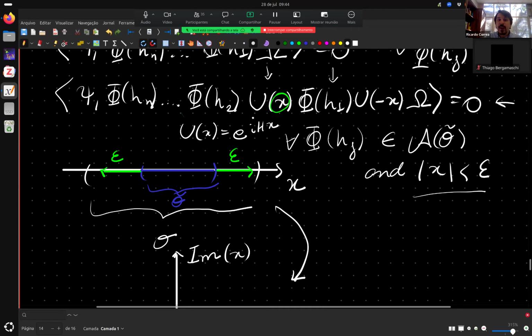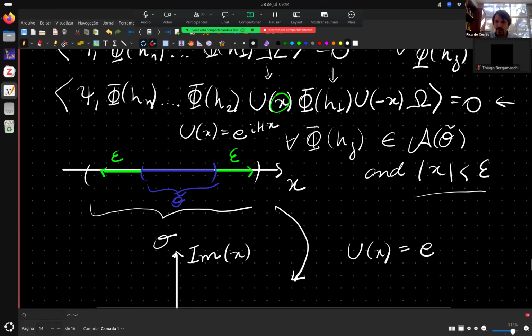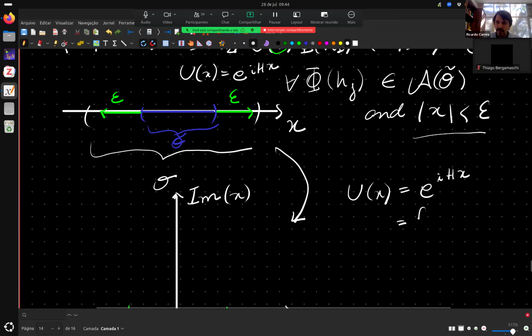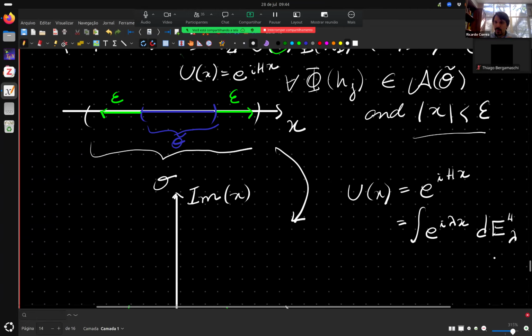That means, because of spectral calculus, that I can extend this operator u of x. Remember that u of x is equal to e to the i h x. I can represent it using spectral calculus as the integral of e to the i lambda x d e h lambda, my spectral measure.